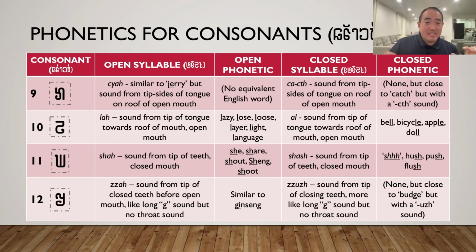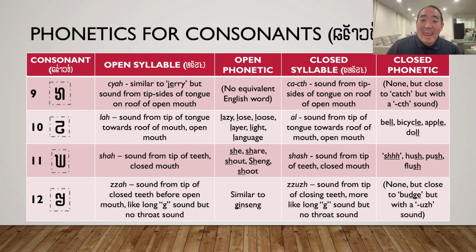You're just going to have to memorize how I pronounce it and pronounce it the same way. The open syllable is pronounced ja, which is kind of similar to the word Jerry, but not really because it doesn't really have a J sound. The sound should come not so much from the tip but from the sides of your tongue, towards the roof of your mouth.